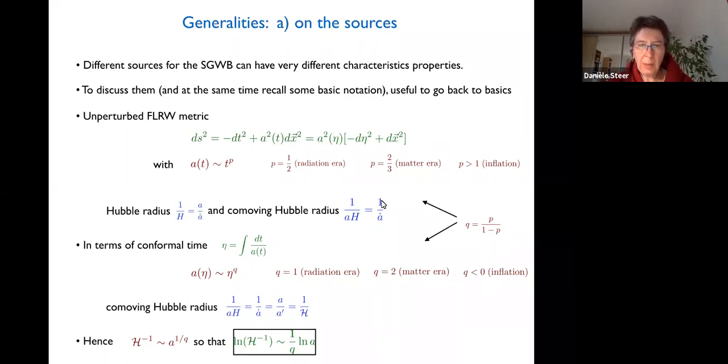And then the comoving Hubble radius, which is here, I can rewrite in terms of derivatives. So prime means a derivative with respect to conformal time. So a dot becomes a prime over a, which is 1 over the conformal Hubble factor, curly H. And so if you take the fact that a goes as eta to the power q and you substitute it in here, you find that 1 over curly H goes as a to the power 1 over q.